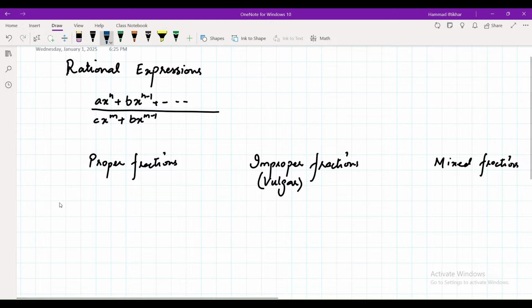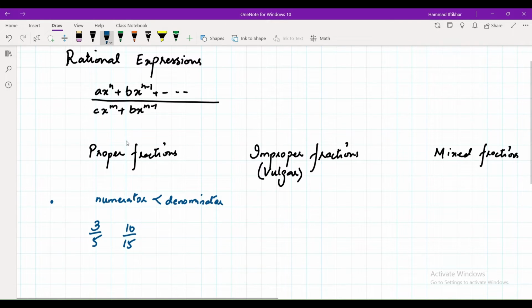So in simple numbers, proper fractions are those when you have the numerator less than the denominator. So for example, 3 by 5, 10 by 15, there are examples for that.